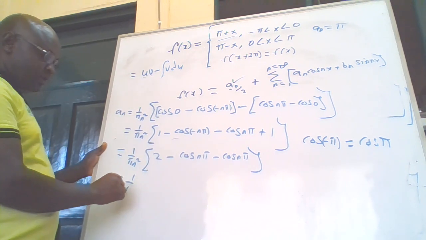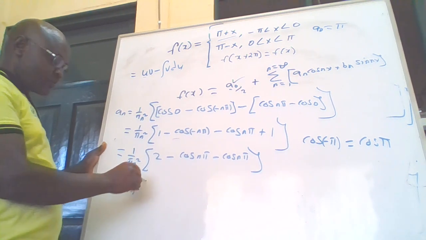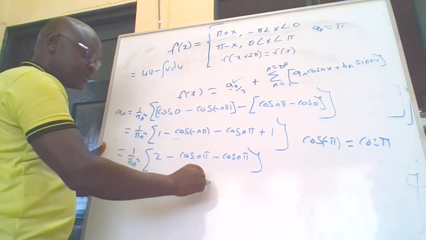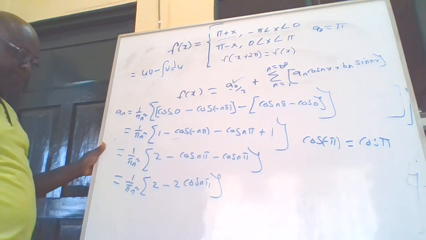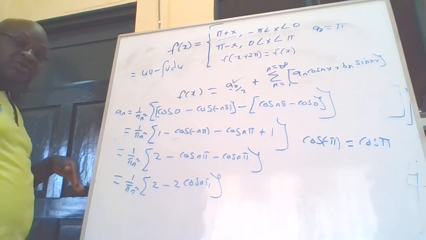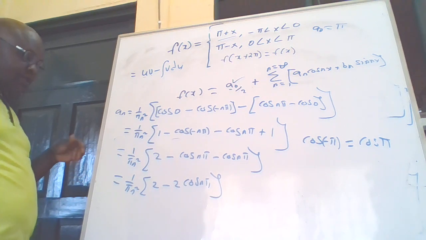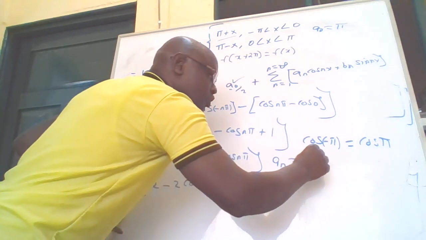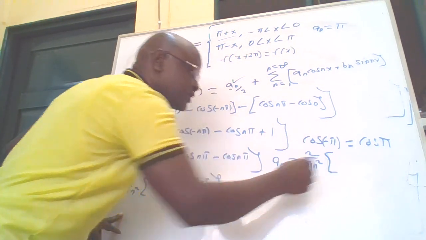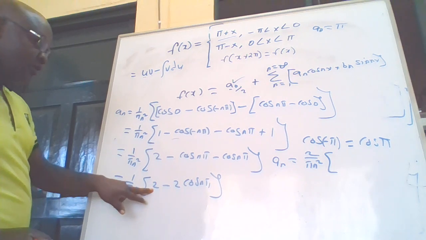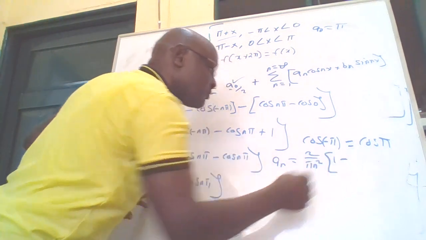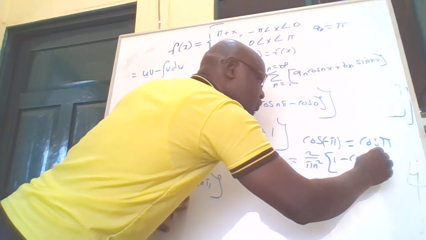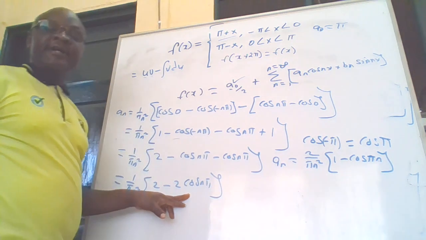Therefore, this equals to 1 over pi n squared into 2 minus 2 cos n pi. Therefore, we can factorize out 2 because it's common, so that an equals to 2 over pi n squared into 1 minus cos pi n.